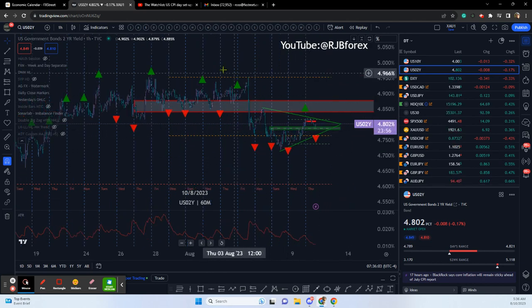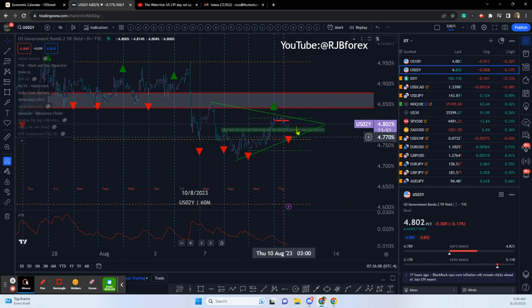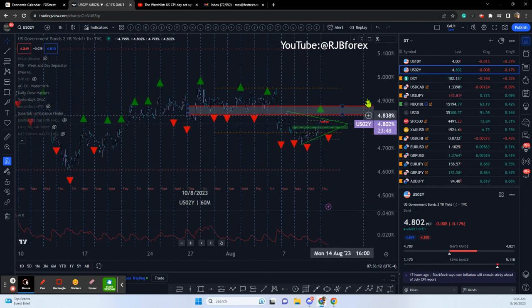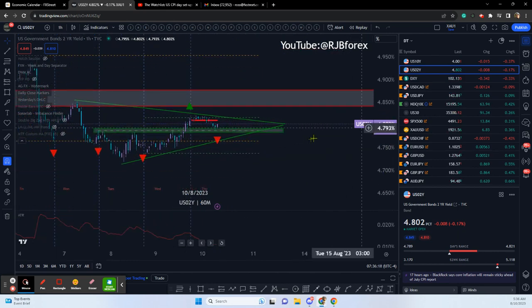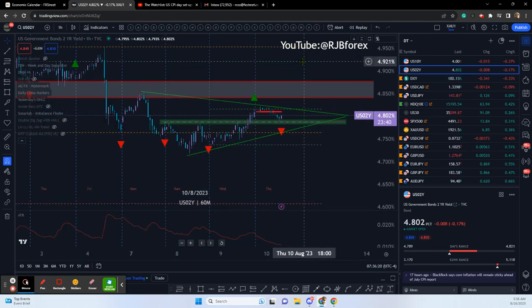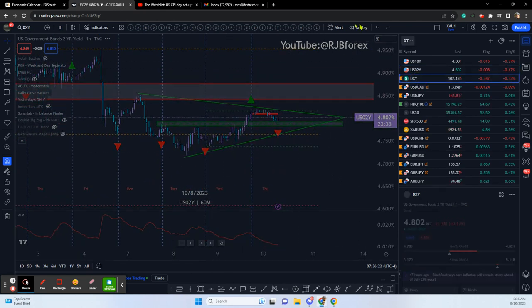The lower end of last week's range. Could this be coiling to go up or breaking out to the downside? We don't know. We've got last month's lows over here. So we'll just keep an eye on that, and the data could help to determine the fate of the dollar.